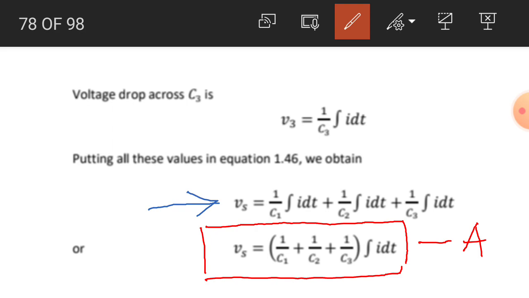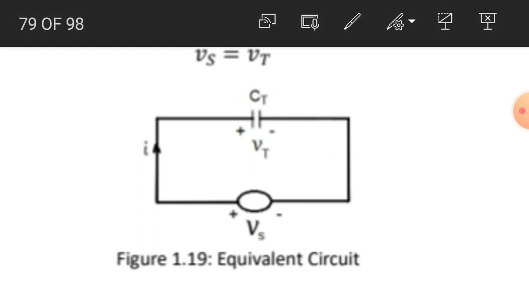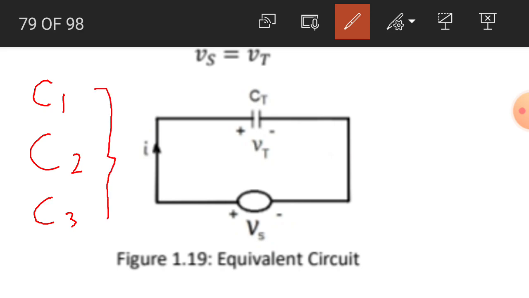Now what we do, we replace the series combination of C1, C2 and C3 by a single capacitor, and we assume that the capacitance of this single capacitor is equal to the total capacitance of the series combination.